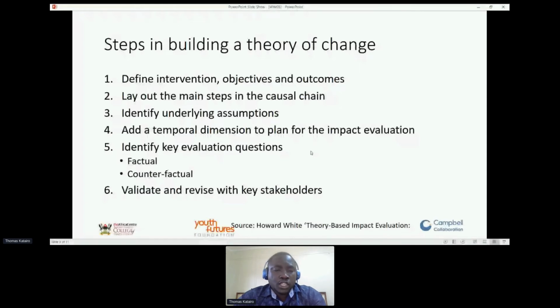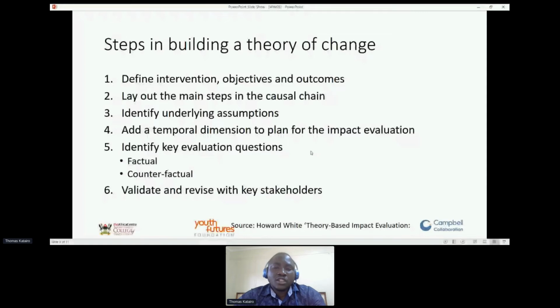To give a good example of this point, Howard always gives an example from, I think it was Bangladesh, where they used to give cash transfers to schools. When they were doing the theory of change, they thought they were giving the cash transfers to aid students to go to school.